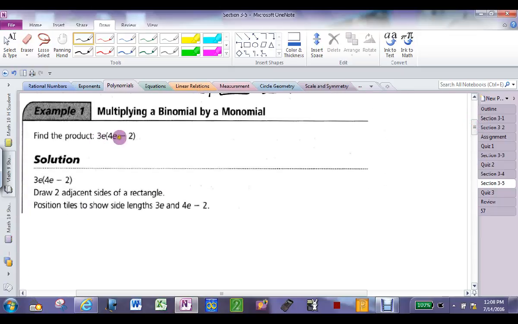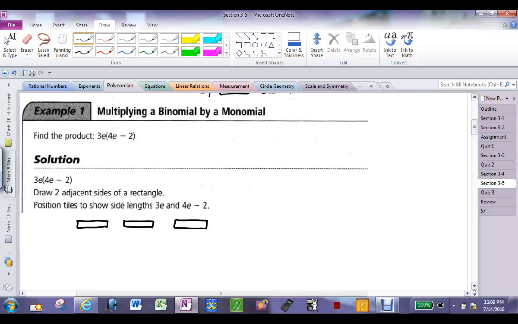So, find this product. What are the 2 pieces of math, the 2 polynomials that are the multiplier and the multiplicand, the parts of the question? 3e is one part, so that must be one side of the rectangle. Yeah? 1, 2, 3.